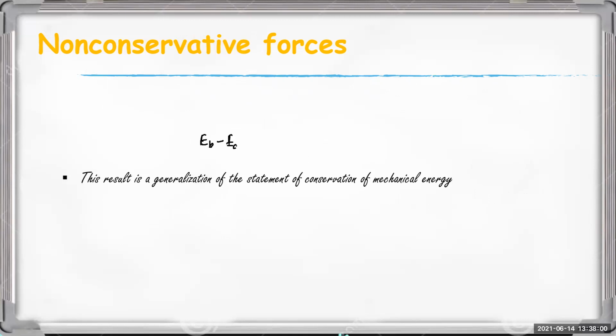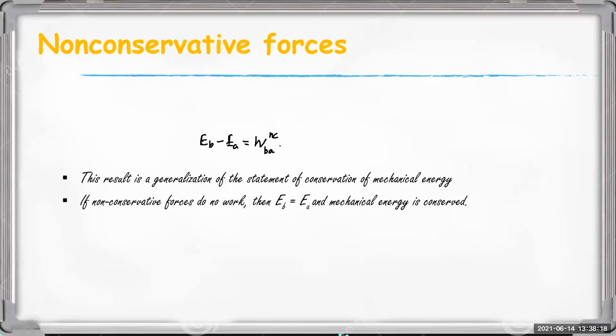EB minus EA is equal to W NC from A to B. If the right-hand side is 0, that is, the work done by the non-conservative force is 0, then EB minus EA must be equal to 0. Then mechanical energy is conserved.